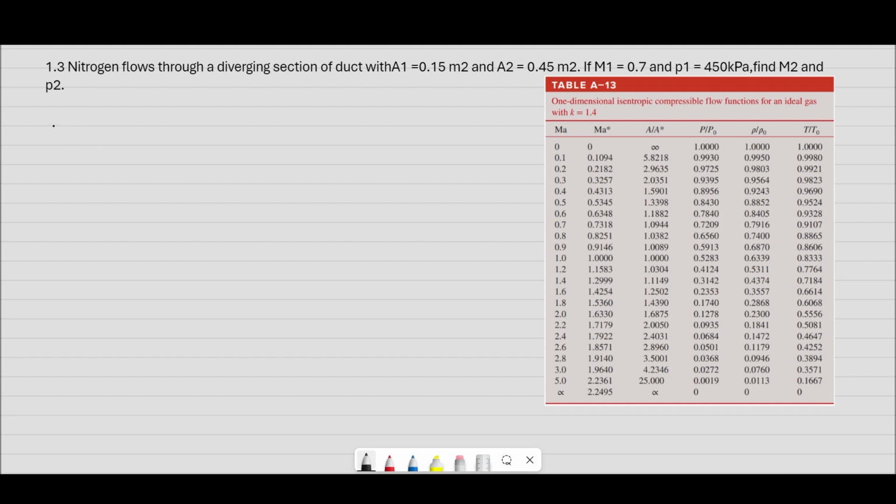So we know that we have a diverging section, and Mach number at the inlet is equal to 0.7, so our flow is a subsonic flow. We know that in a diverging section, when we have a subsonic flow, our Mach number is going to decrease in the direction of flow.